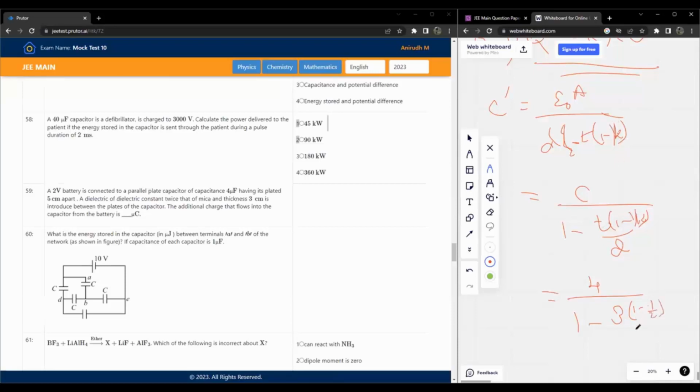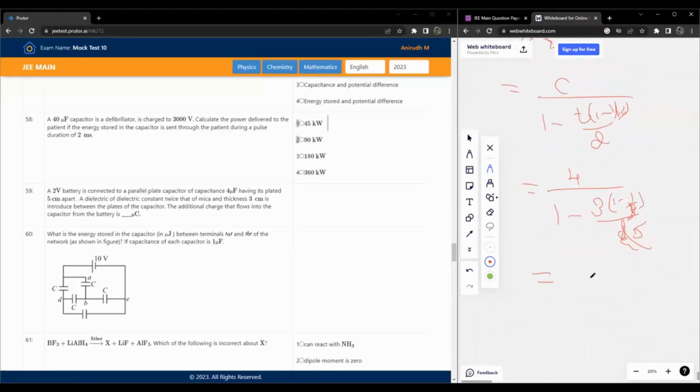1 by 2, divided by D is 5. So this is 4 into 5 divided by 5 minus 3 into 2 by 3. That is 20 divided by 3 microfarads. Right?